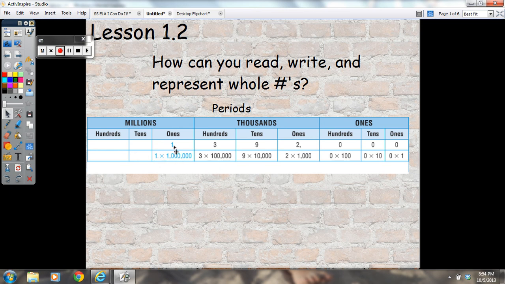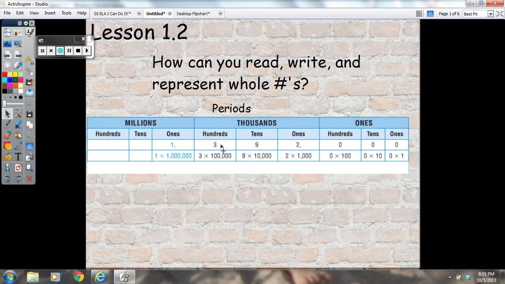So we have a 1 in the 1 millions place. To show this whole number in expanded form, we take the 1, which represents the number in the ones period, and we multiply it by the period that it's in, which is the 1 million.